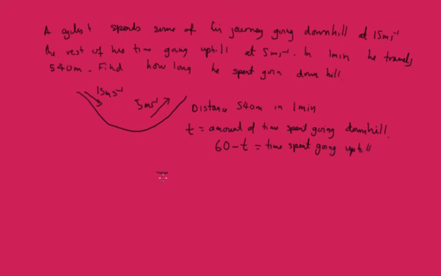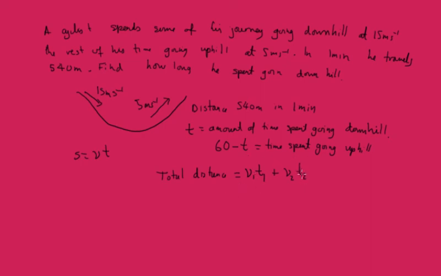So the total distance, how far is he going? We know his total distance has been 540. We know that S is V times T. We know his total distance and we know the velocity for each part of his journey. So the total distance will be V1 T1 plus V2 T2.